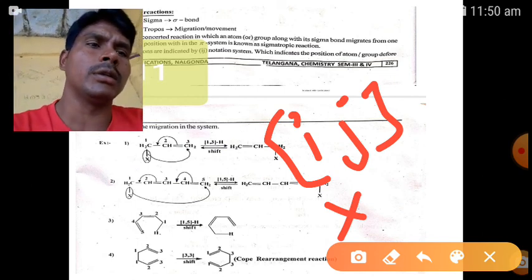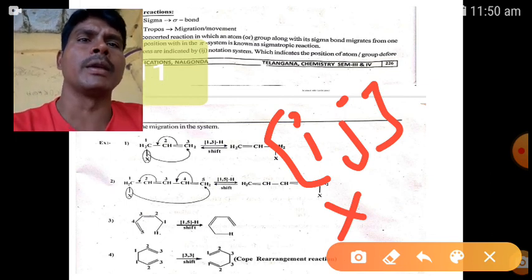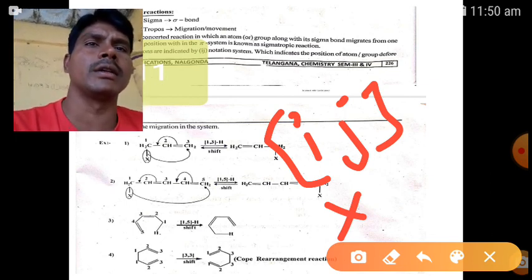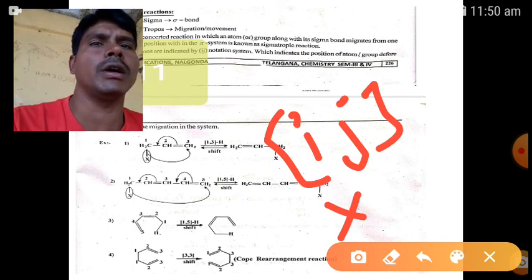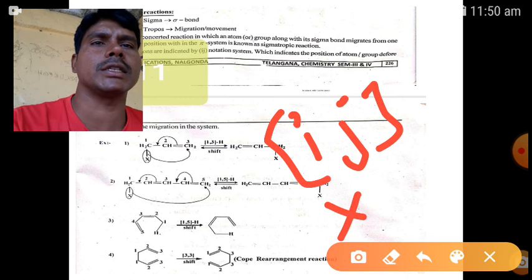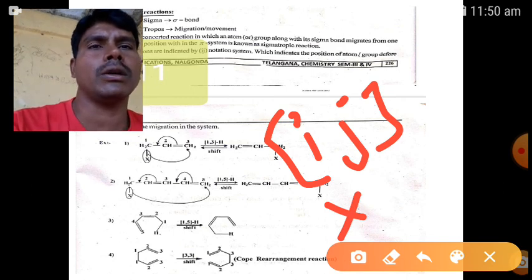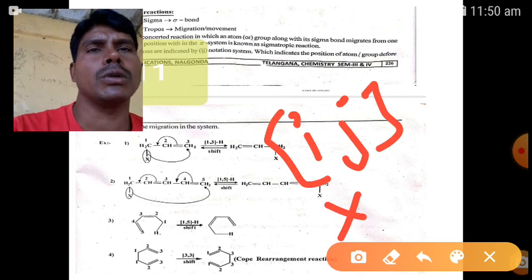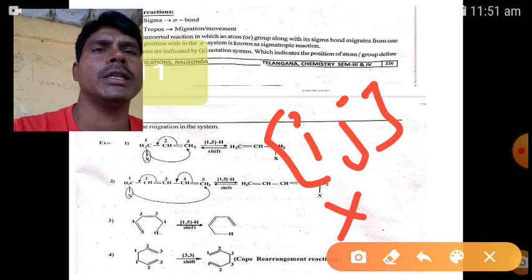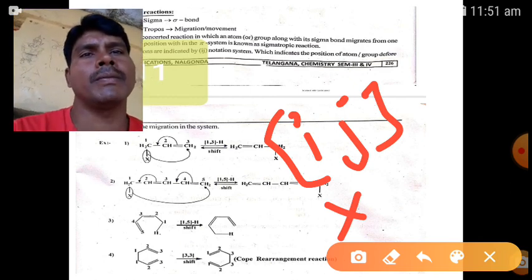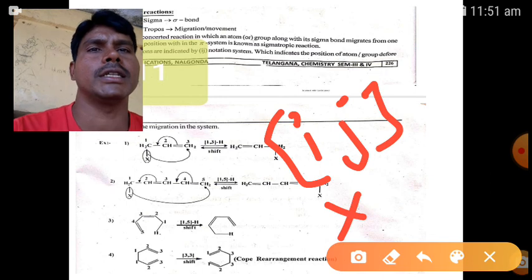So next, this is the classification of pericyclic reactions. First one, electrocyclic reaction; second one, cycloaddition reactions; third one, sigmatropic reaction. For electrocyclic reactions, if you want to check the FMO approach, to predict thermal condition, the HOMO is selected from the ground state. To predict photolytic condition, the HOMO is selected from the excited state.